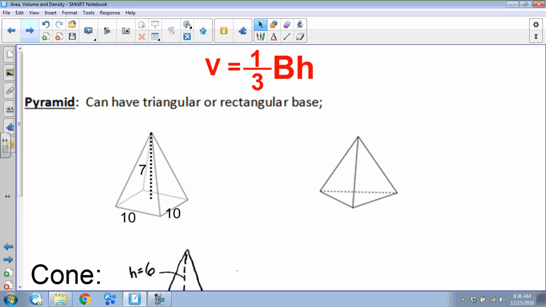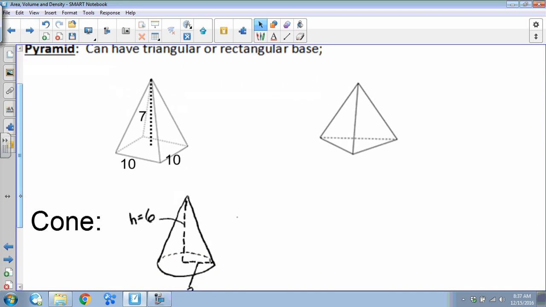This volume is literally 1/3 of that. You could put 3 of these in a regular triangular prism. Or cones: you could fit 3 cones into a cylinder. If you took a cone and filled it up 3 times, it would fill up a whole cylinder. So if it comes to a pointy top, it's 1/3 times the area of the base times the height.